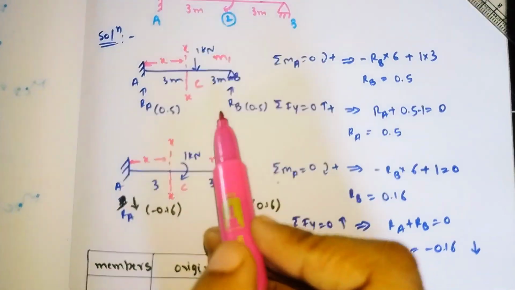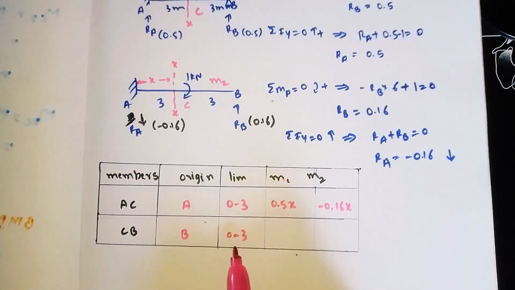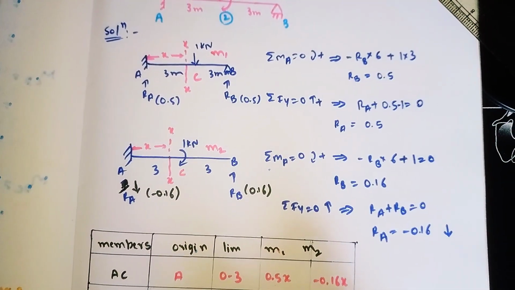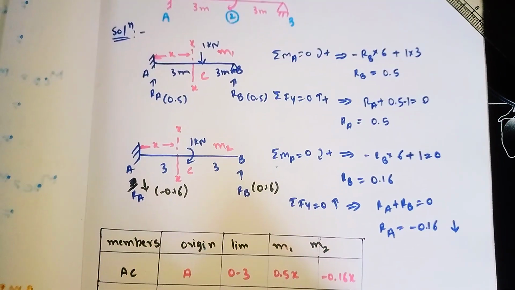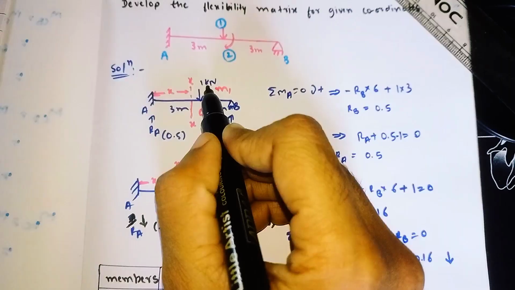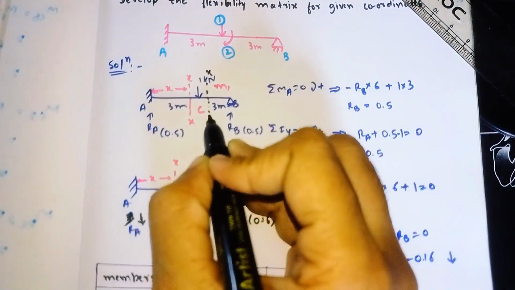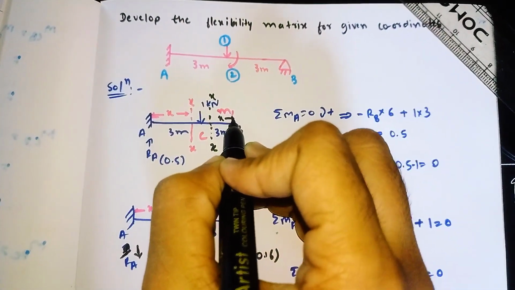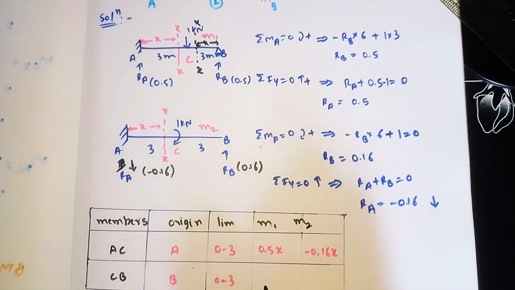For member CB, I have taken the origin as B, and the limit is 0 to 3, from here to here. To calculate m1, I am taking the origin as B, so here we need to cut the section xx far away from the origin B. This is the section xx at a distance of x from origin B. So your intensity is 0.5 into x.